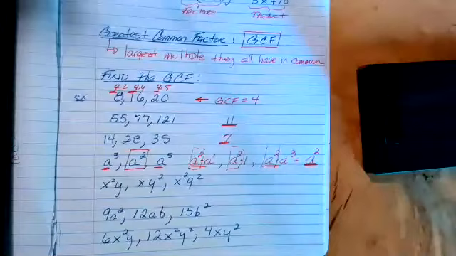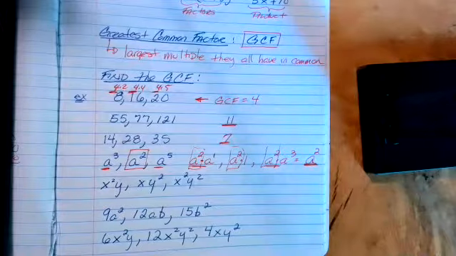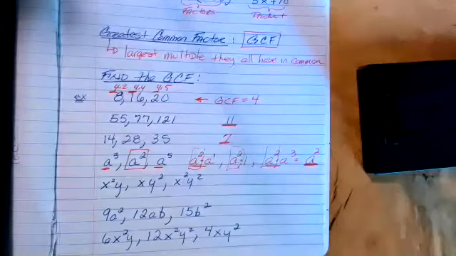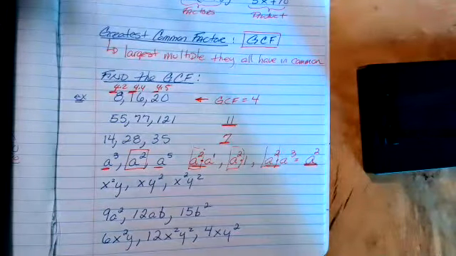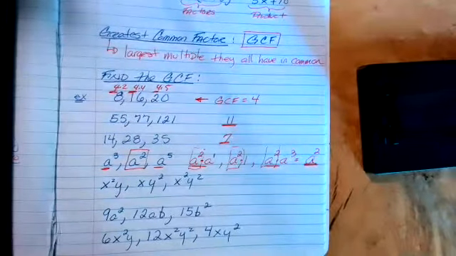So in this next example, we have variables again. We have x squared y, xy squared, and x squared y squared. If we're looking for a GCF in this case, it looks like it's going to be xy.